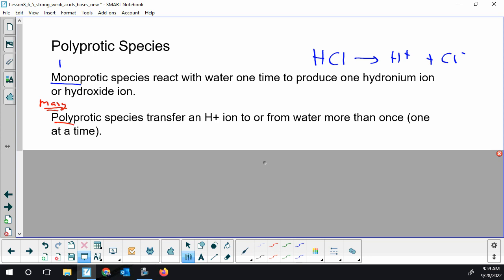Now we use the word poly both with acids and bases. It could be a transfer of an H ion out, which would be an acid, so losing many, or you could have a base, which would be taking in more than one H from water.